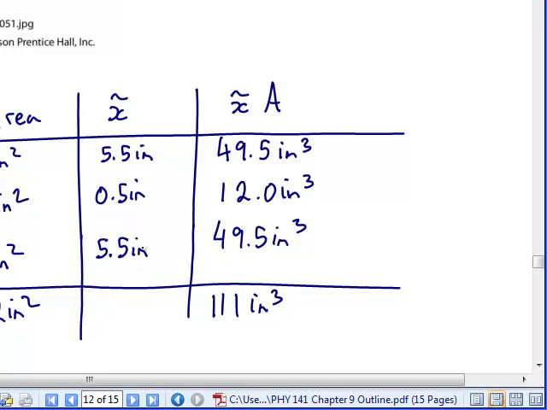And then this time we're not adding them up. We're going to take this and divide by this. So it's going to be 111 over 42 equals 2.64 inches. And that's our answer.